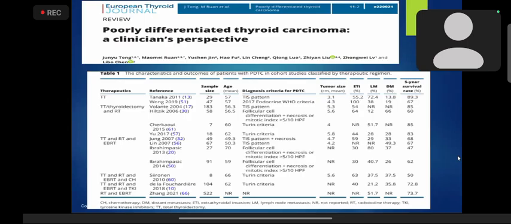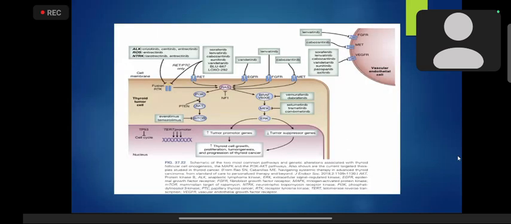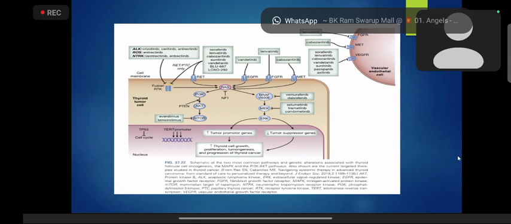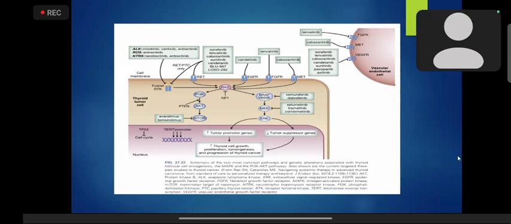Only in those cases your RAI will work. Otherwise your RAI won't work. So not necessarily in all cases will RAI work, and they may be RAI refractory as well. So that is also another very important point.